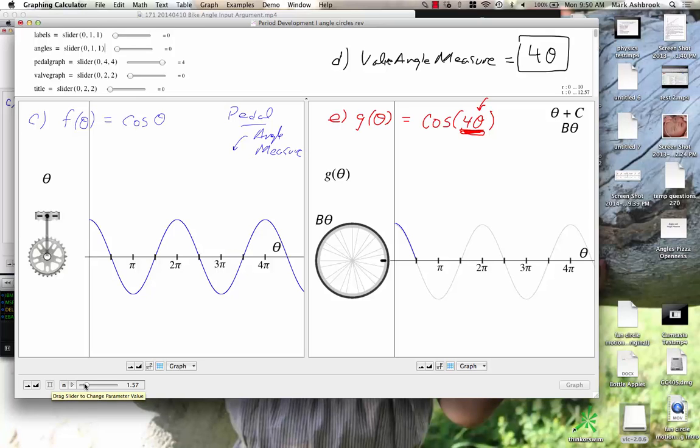When the pedal's only gone a quarter rotation, the tire valve makes it all the way around because it's going 4 times as fast. So what about the period of g? Smaller or greater? It's going to get crunched like this, right? You're going to get a whole full rotation when the pedal only makes a quarter rotation. And for every quarter rotation of the pedal, you're going to get a full rotation of that tire valve.